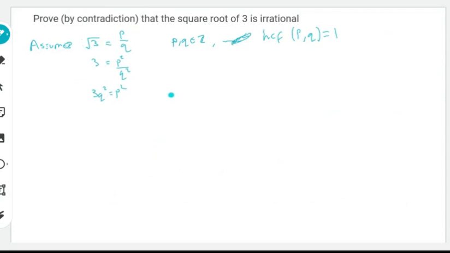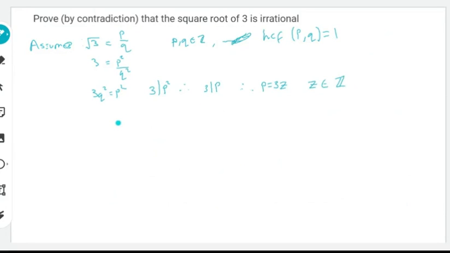And then you said, therefore, p squared has to be divisible by 3. Yep. So here's a neat way of writing it. 3 is a factor of p squared. Therefore, 3 is also a factor of p. Therefore, p equals, you said 3z, right? Yeah. 3z, where z is an integer.